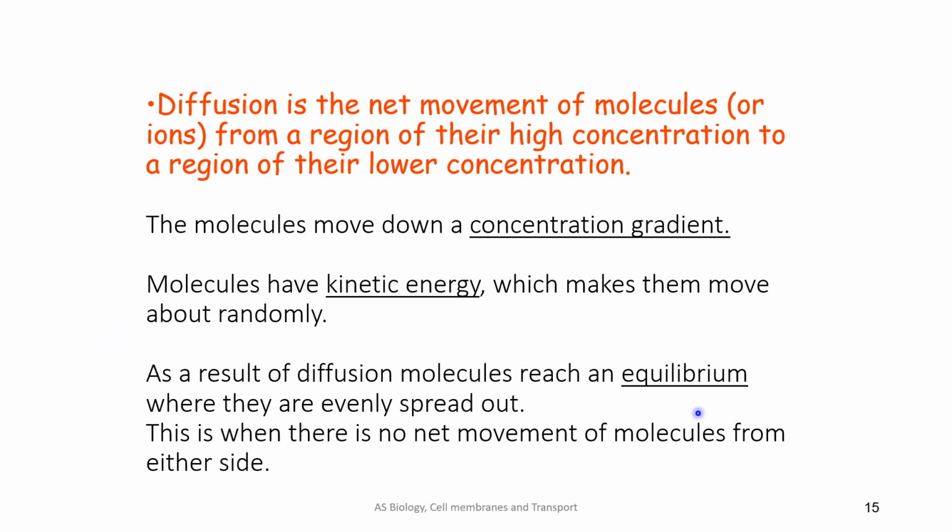Ultimately, the goal of diffusion is to reach equilibrium, so everything is spread out evenly. So molecules are still moving in and out of the cell, but there's no countable movement. Every time one molecule comes in, one goes out to replace it, and vice versa. So there's no net movement of molecules.